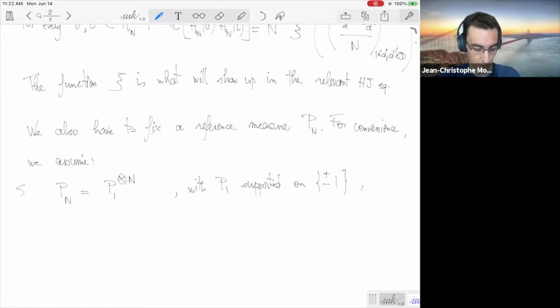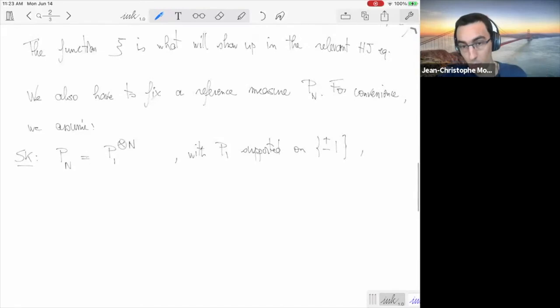So this is for SK. You may not remember, it was a long time ago, in the first session, when I discussed the SK model, I was doing this sum over sigma in the set {+1, -1}. This corresponds to choosing P_1 to be the symmetric measure on {+1, -1}. Like the probability to be +1 is a half, and the probability to be -1 is a half.